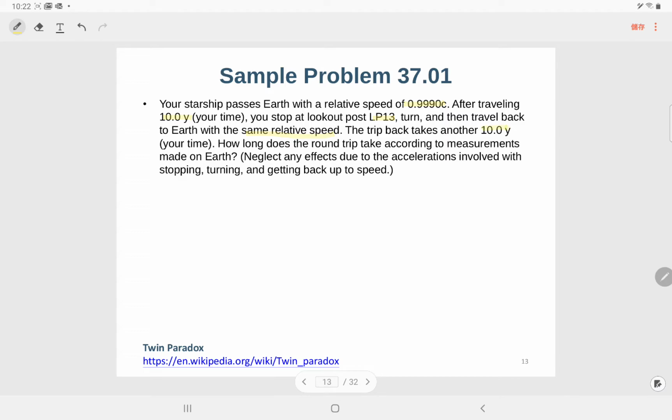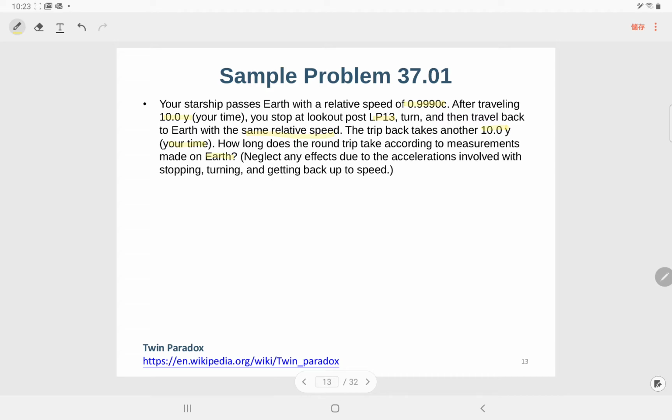Because suppose the distance doesn't change and you use the same speed to go back. So how long does the round trip take according to the measurement on Earth? Neglect any effect due to the acceleration involved with stopping, turning, and getting back up to speed.